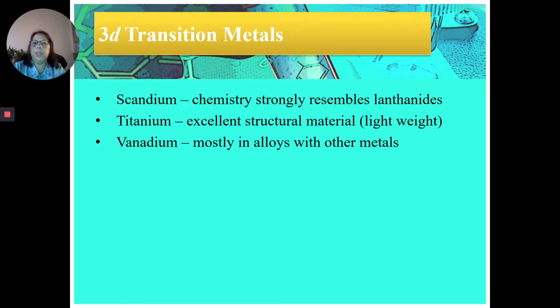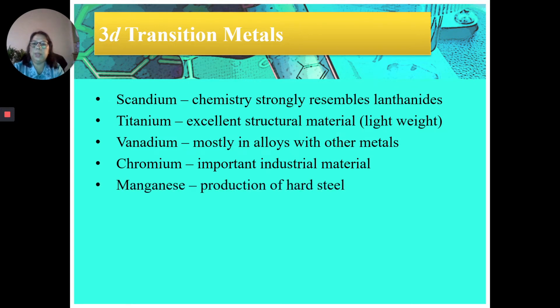You have also vanadium, which is usually used as an alloy, meaning it is mixed with other metals. And most of the time it is also extracted not in a pure form. For chromium, it is usually used for important industrial materials. Manganese is used in the hardening of steel.